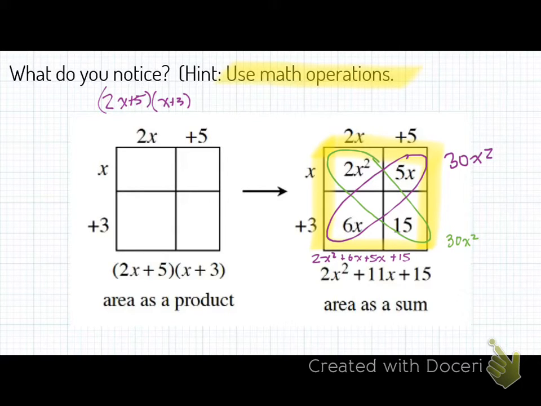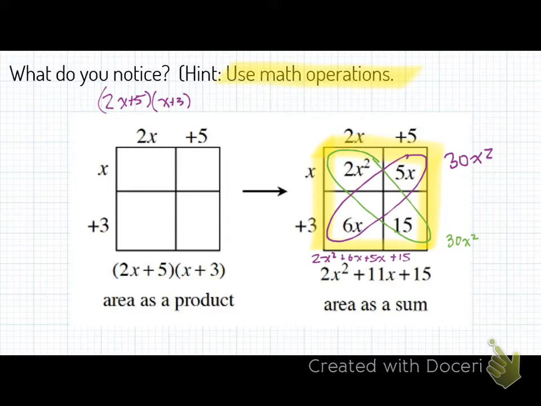Don't these two outside numbers need to multiply together to be 30x squared? And don't these inside numbers multiply to be 30x squared? Do y'all see that? Because that's the whole point of this. Again, don't 2x squared and 15 have to multiply to be what 6x and 5x equal? Yes? Okay, good. Let's have you talk in groups, just explaining that relationship. It's super important that you get that right now before we move on. Ready? Go.